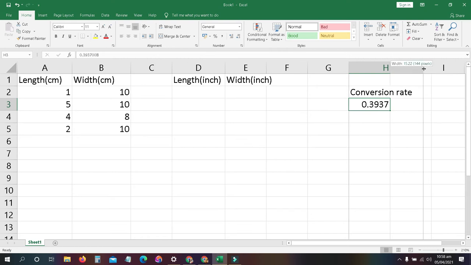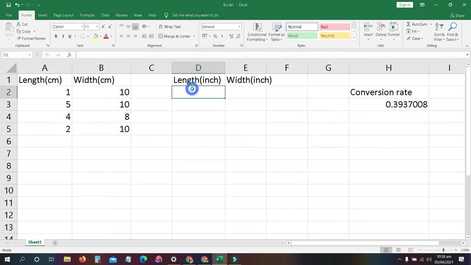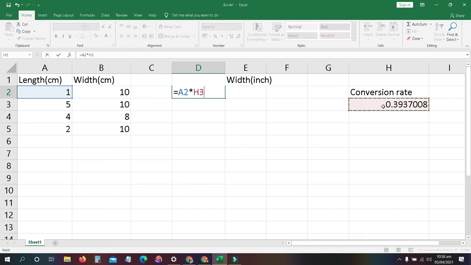So what we will do is, again, equals, because it's a formula, you need to use an equal sign. So we will use this one, that's a relative reference, and we have to multiply that one by this, which, in this case, we need to use an absolute reference.